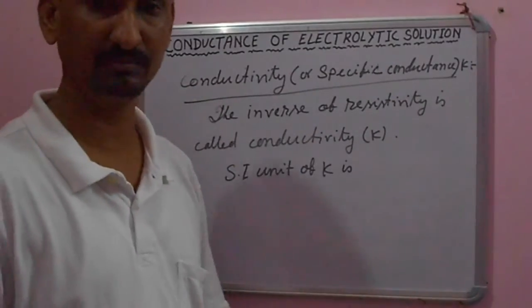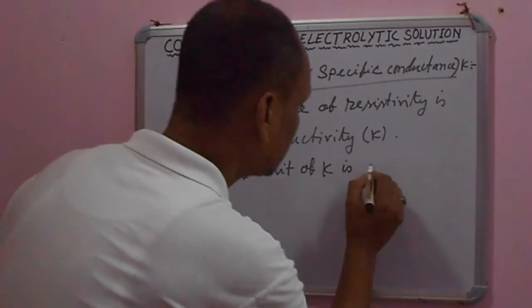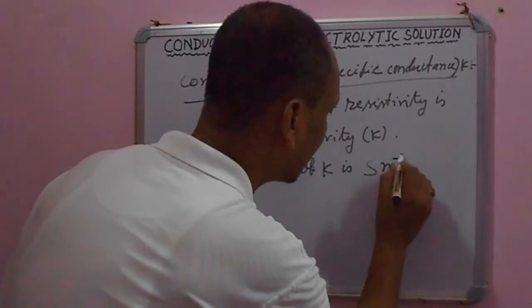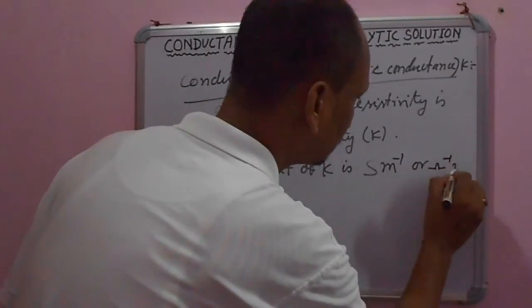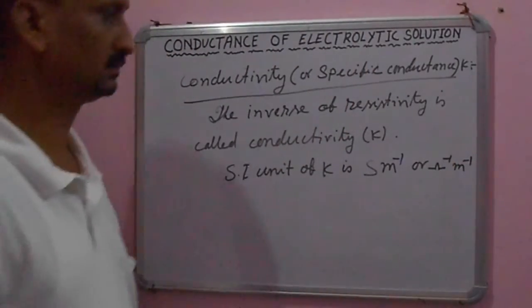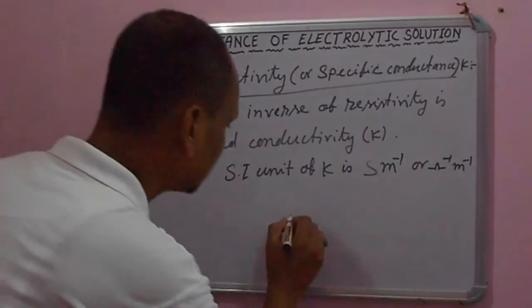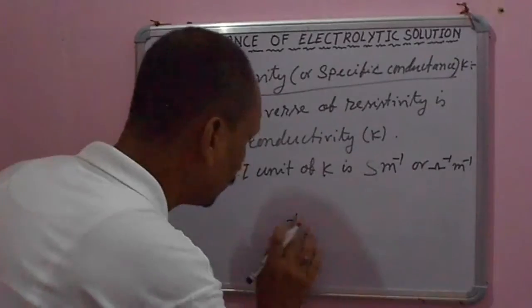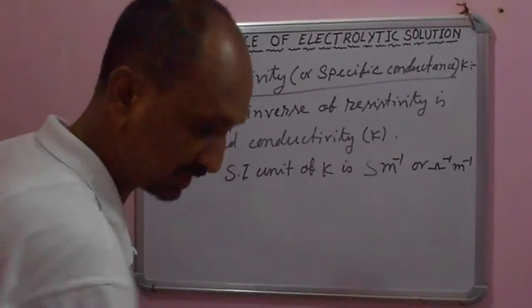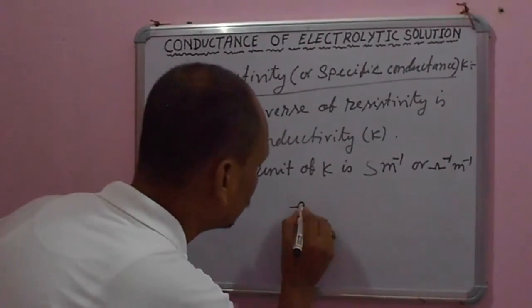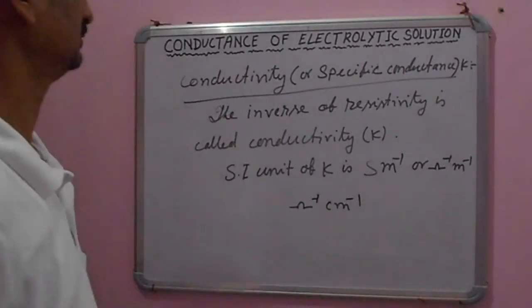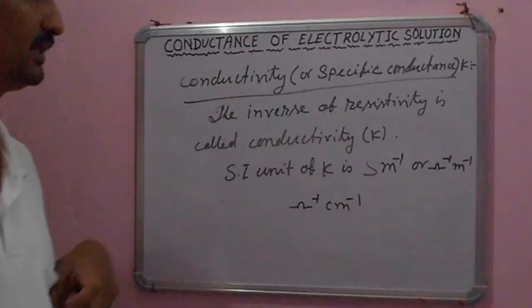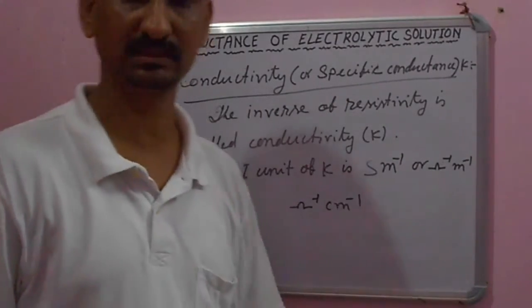Ohm inverse means Siemens, so it will be Siemens meter inverse, or ohm inverse meter inverse. It is also expressed as ohm inverse centimeter inverse. So this is the conductivity or specific conductance.